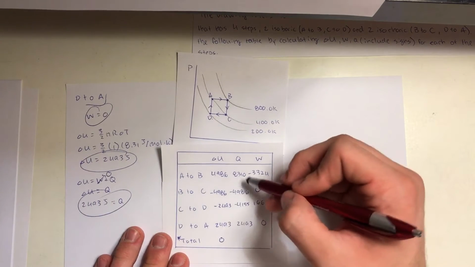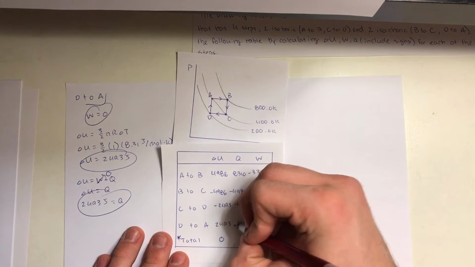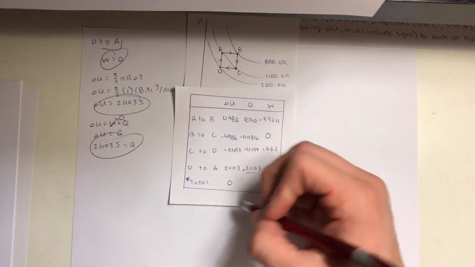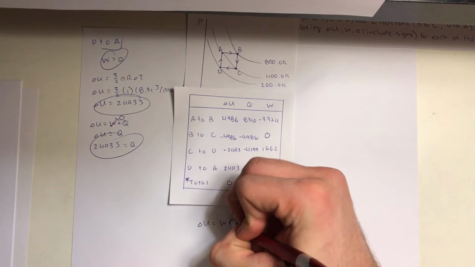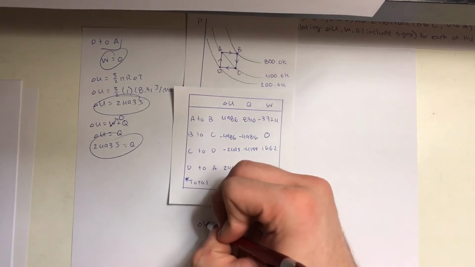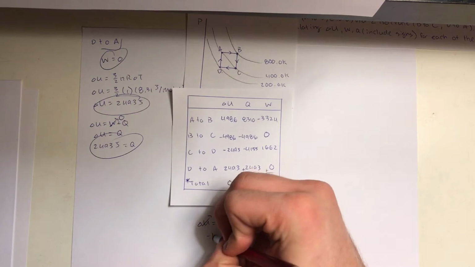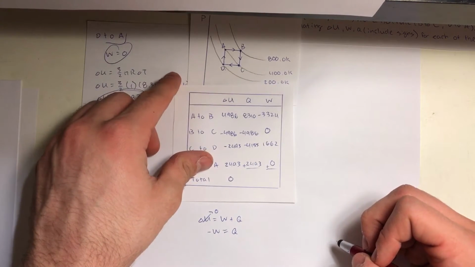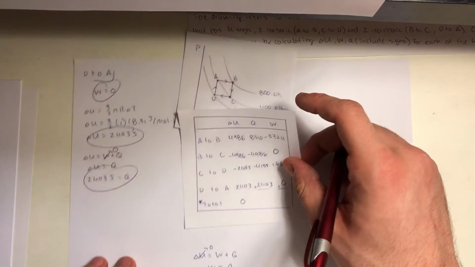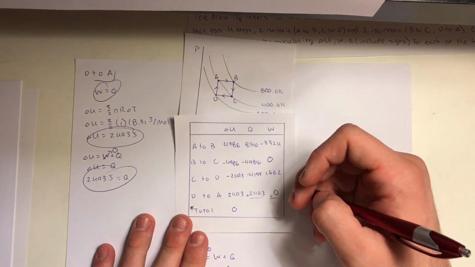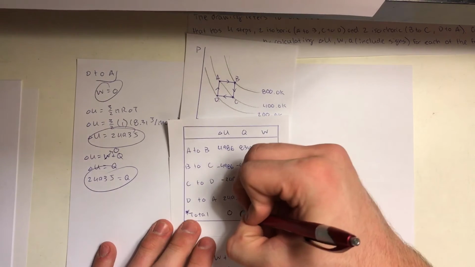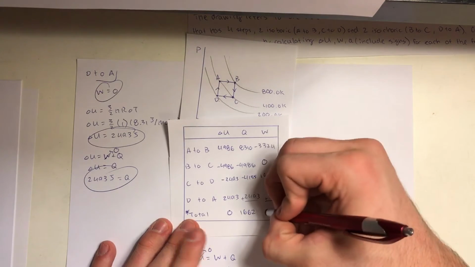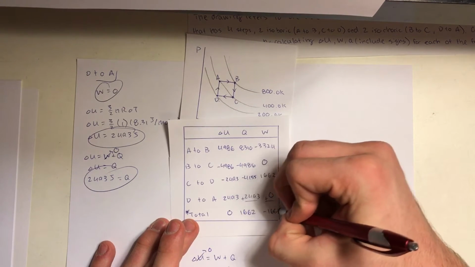And if we add all of these together and all of these together, obviously because delta U equals work plus Q, delta U equals 0, work is going to be opposite of Q. So if we find Q, we find that to be 1,662 joules. So work is obviously the opposite of that.